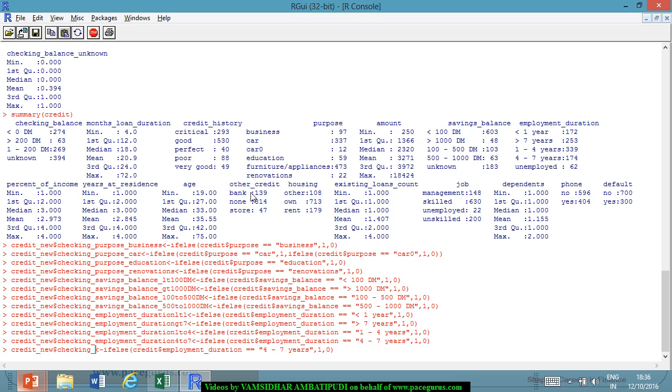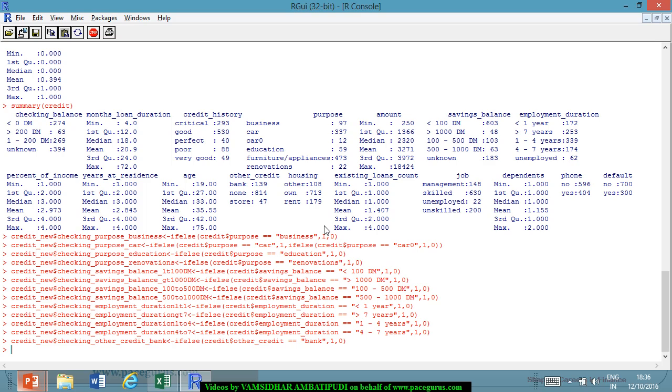So let me start using this other_credit_bank, wherein this particular variable would be dollar other_credit is equal to bank. So this is one more variable that we have newly created.